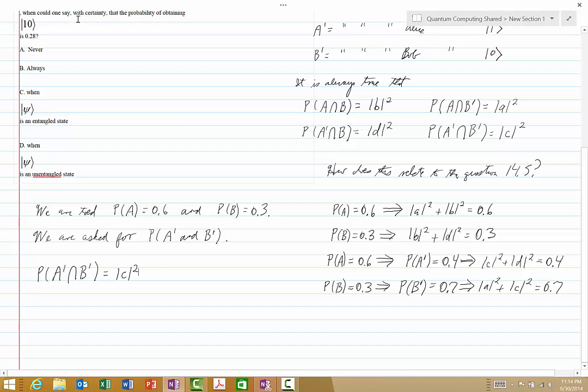Now, the problem says, when could one say with certainty that the probability is 0.28? So let's ask the question, why would we suspect that the probability of A prime and B prime equals 0.28?